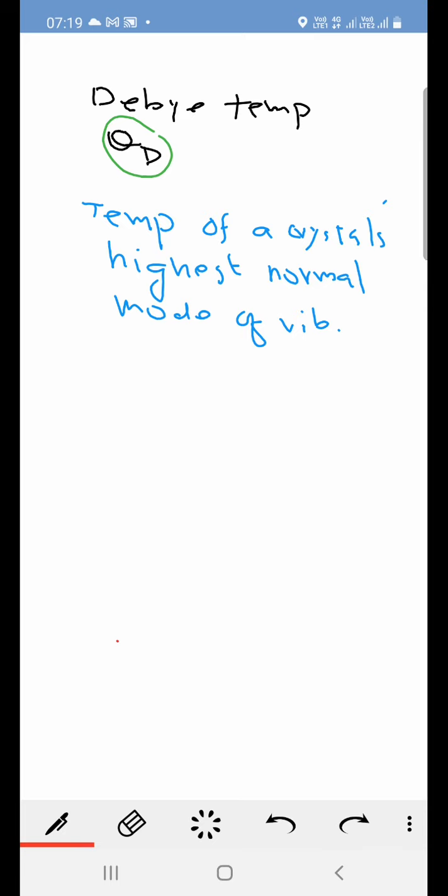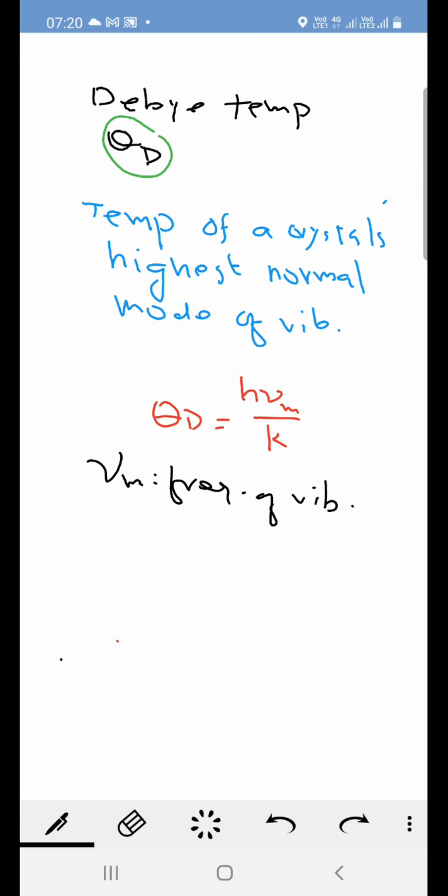And theta d is equal to h nu m by k. Here nu m is the frequency of vibration, and k is the Boltzmann constant.